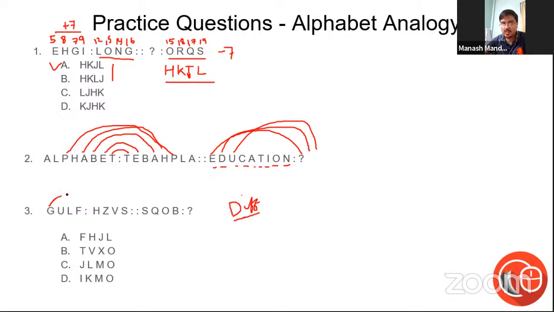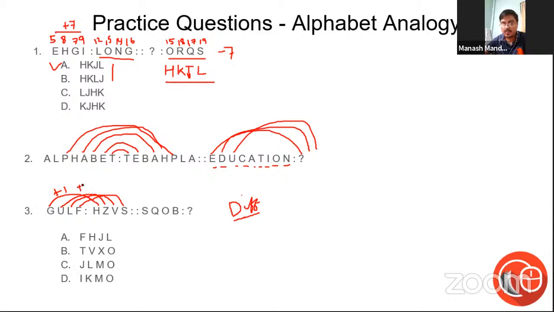See, we have to find the relation between G and H, U and Z, L and B, F and S. See, G plus 1 is H, right? This U, how does this become Z?